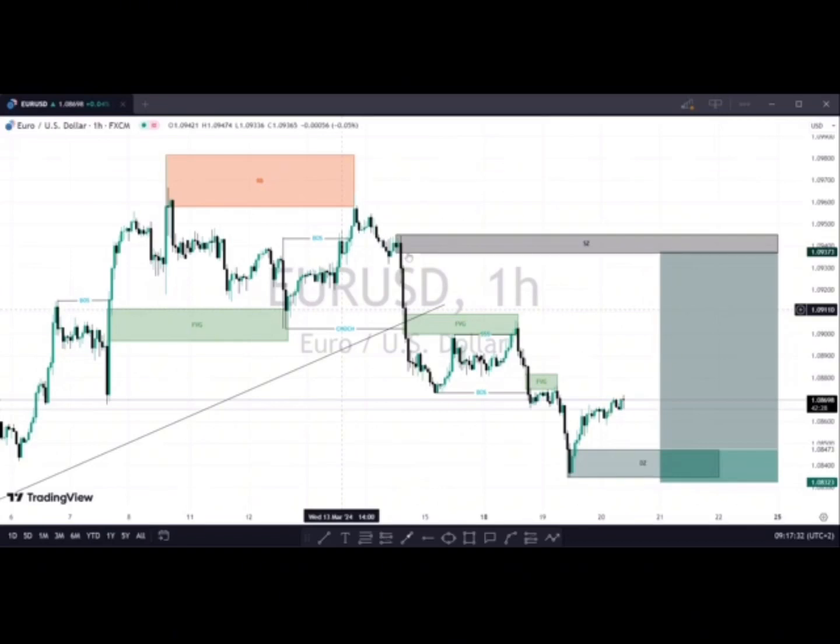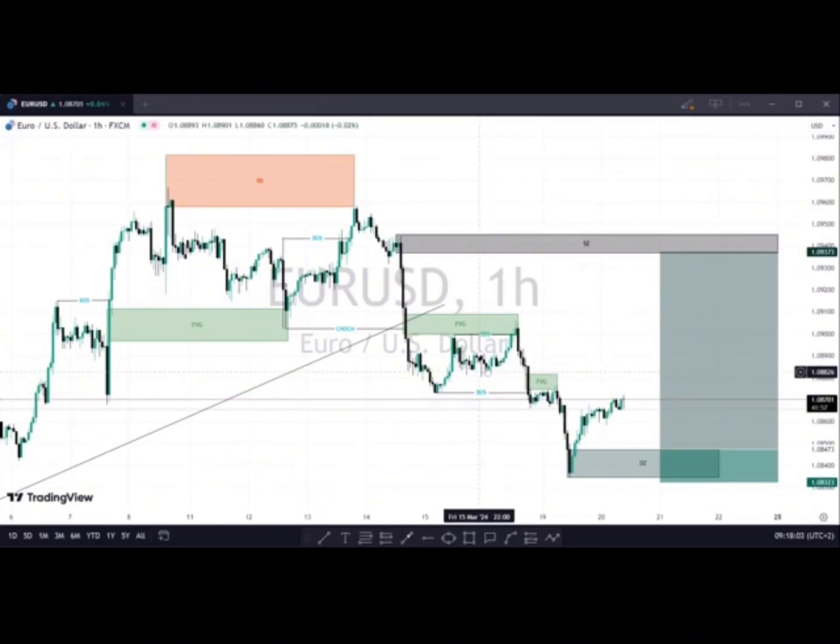Yet another significant area was created here, which is our unmitigated supply zone. Now, as we go down, we can see this low was created and then got broken. But before it got broken, price pushed slightly up to respect or activate the immediate FVG here.